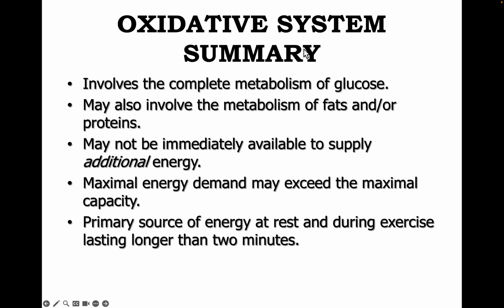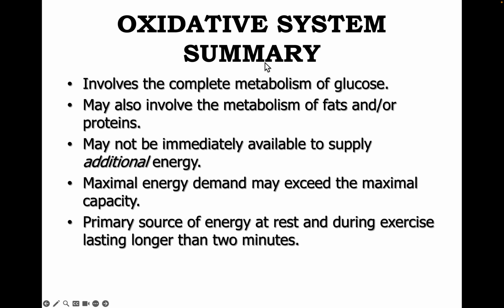Our oxidative system can provide that amount of ATP, but it cannot provide it quickly enough. So we need to rely on our anaerobic energy systems, our phosphagen system and glycolysis, to produce the additional ATP needed to sprint as fast as I can for a minute, which our aerobic energy system is not fast enough to provide.